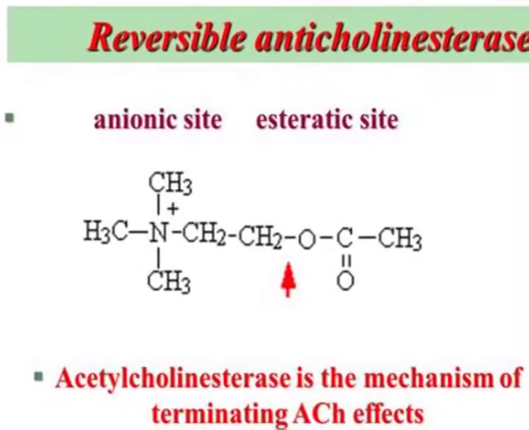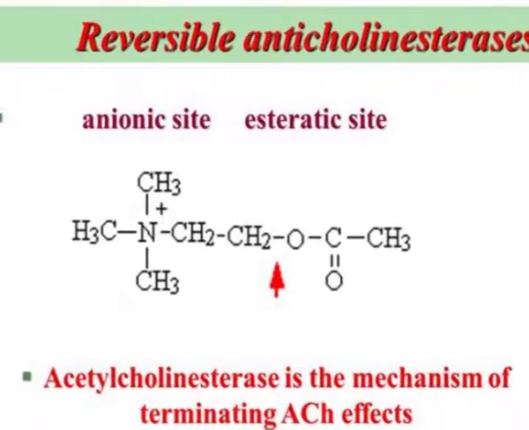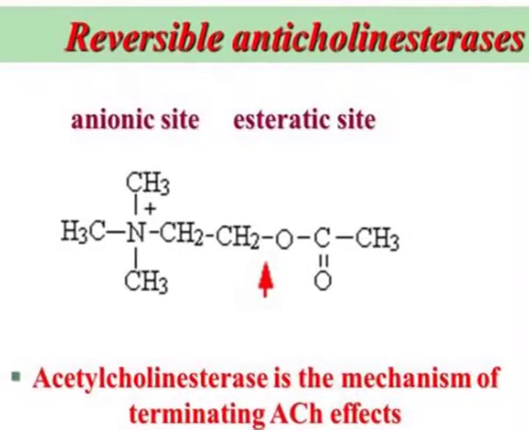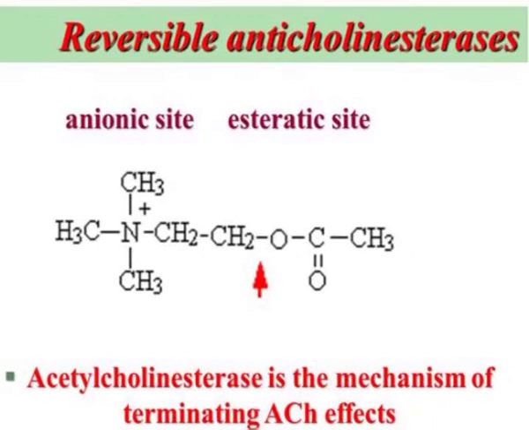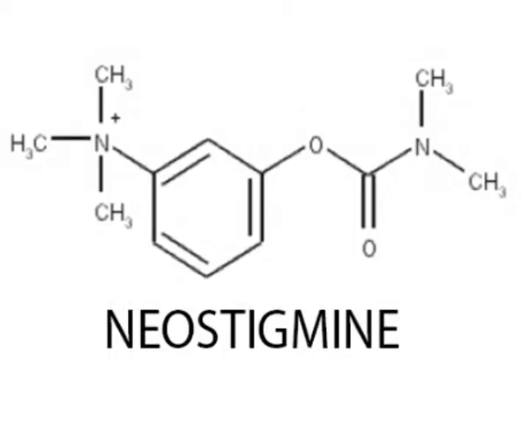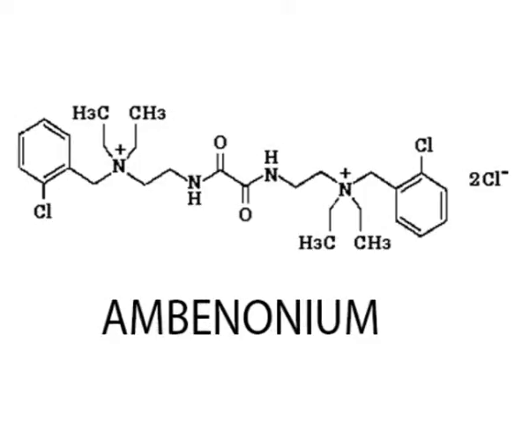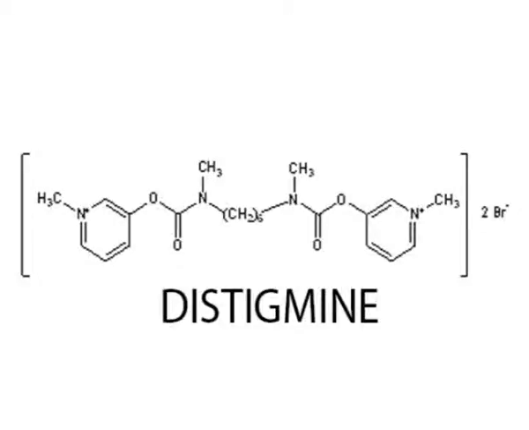The members of this group are further classified into two categories. Category first, reversible anticholinesterase. The action can be reversed by high concentration of cholinesterase, thus called reversible anticholinesterase. Examples of this group are physostigmine, neostigmine, pyridostigmine, ambenonium, edrophonium and distigmine.